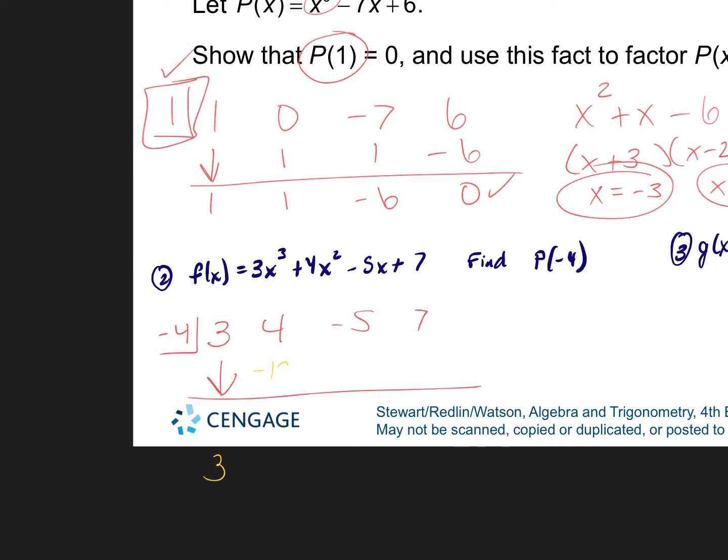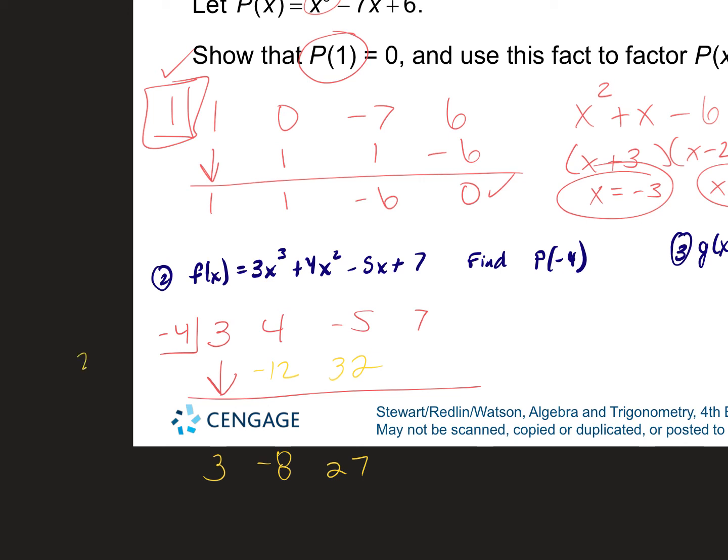Negative 12. Okay. What's 4 plus negative 12? Negative 8. What's negative 8 times negative 4? 32. What is negative 5 plus 32? 27, okay.